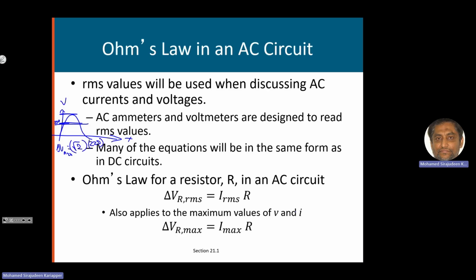So can someone calculate it for me? 220 multiplied by square root of 2. Somebody told me 296. Somebody check that, please. Multiply by square root of 2, because RMS is maximum divided by square root of 2.